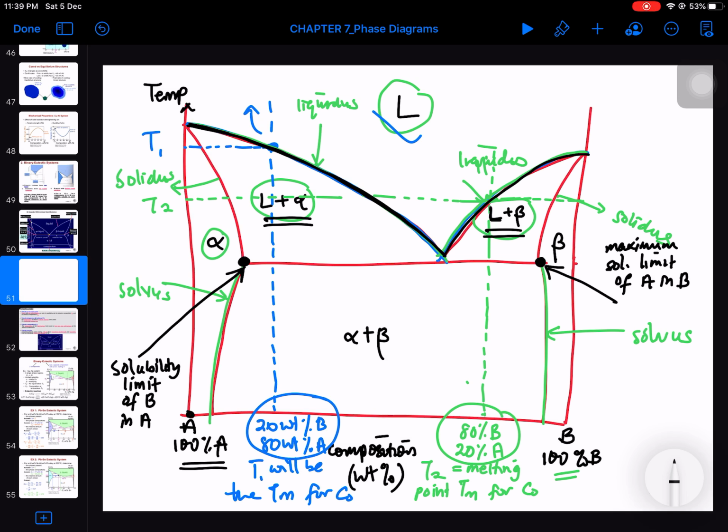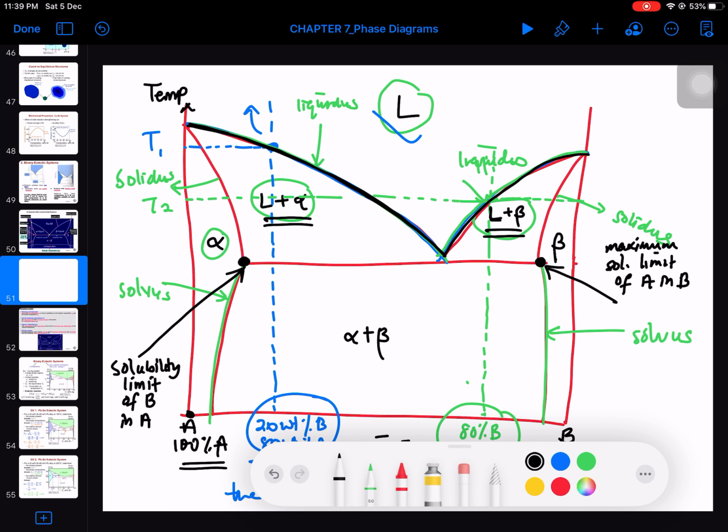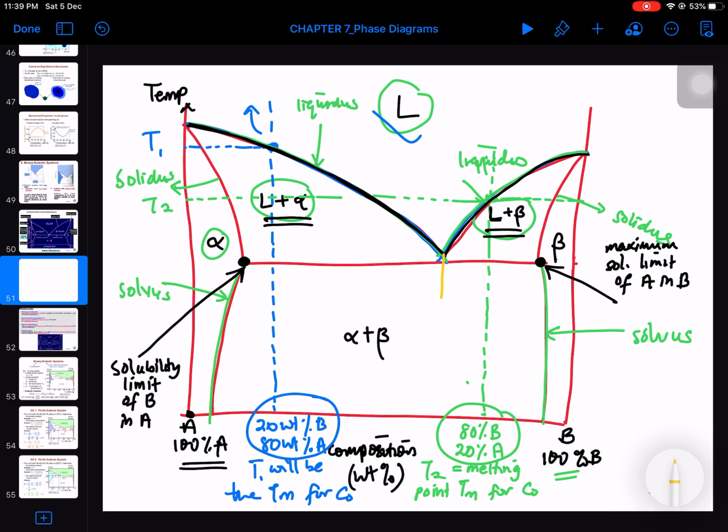That composition is called the eutectic composition. If you look at this line here, say this is CE, a composition of alloy goes along this line.